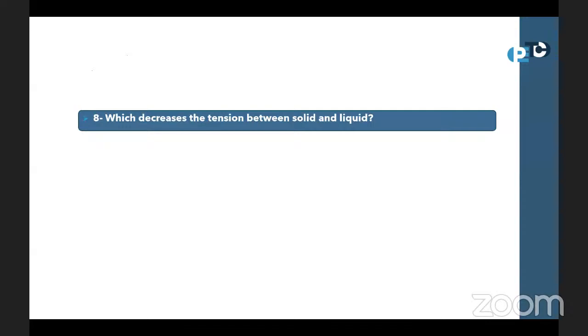Okay, let us see the next one. Which decreases the tension between solid and liquid? The tension between solid and liquid is called interfacial tension. This interfacial tension is the force per unit length that acts along the interface between the two phases, the solid and liquid.